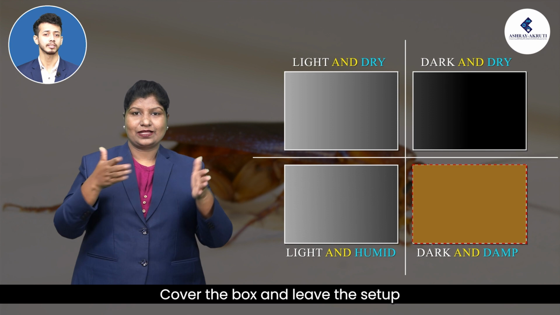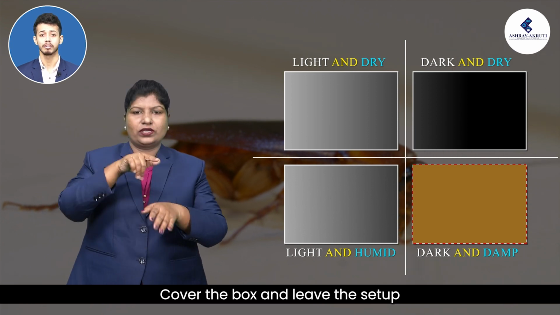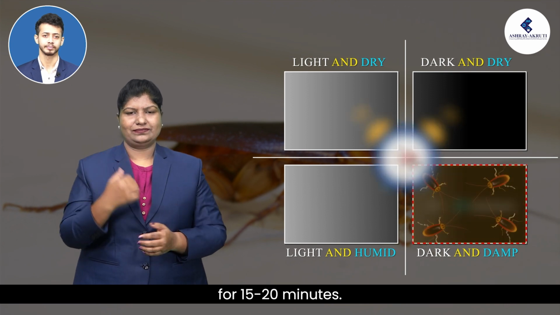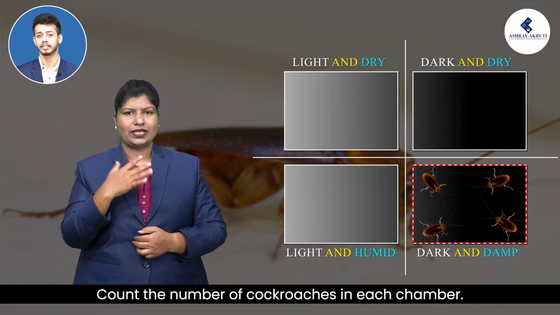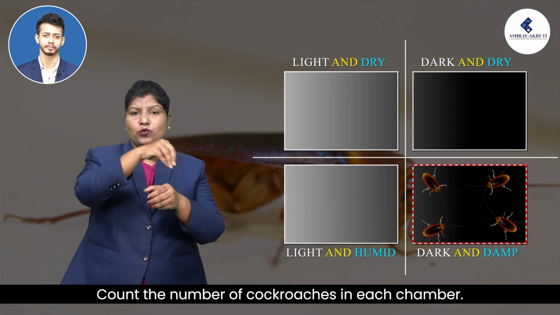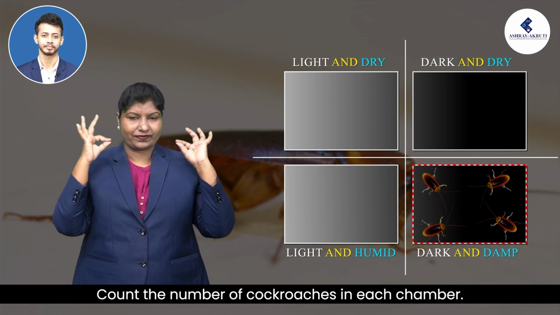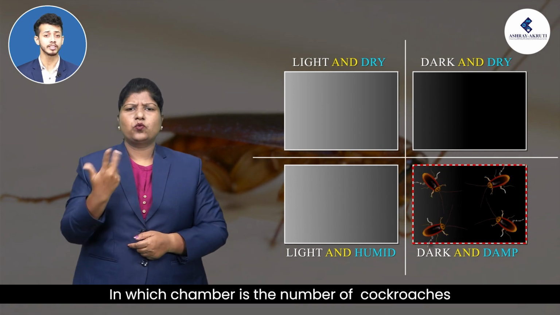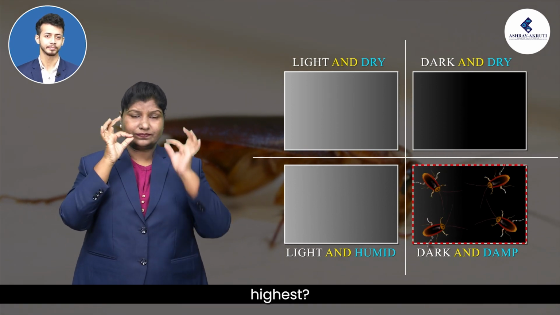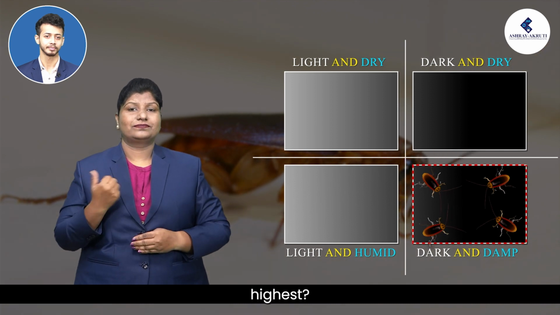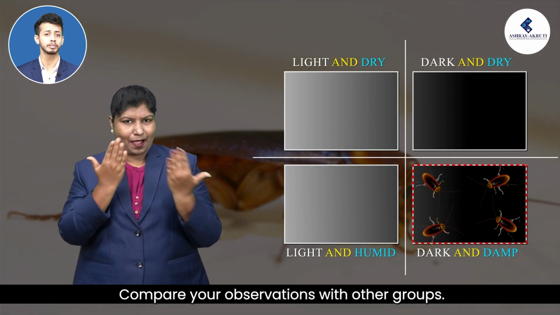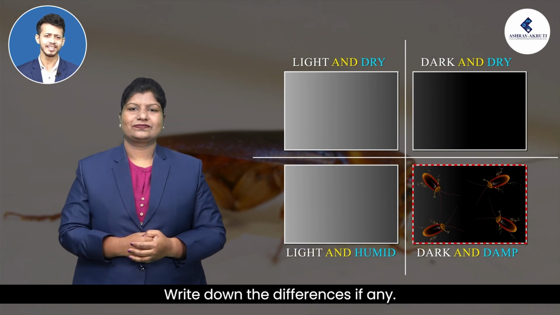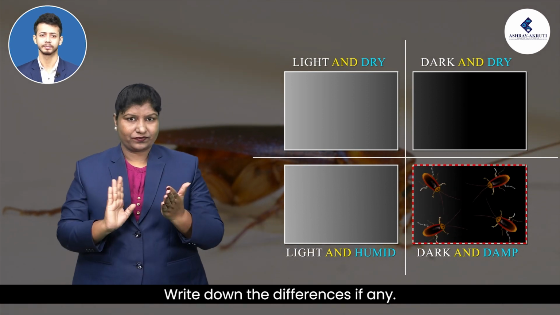Cover the box and leave the setup for 15 to 20 minutes. Count the number of cockroaches in each chamber. In which chamber is the number of cockroaches highest? Compare your observations with other groups. Write down the differences, if any.